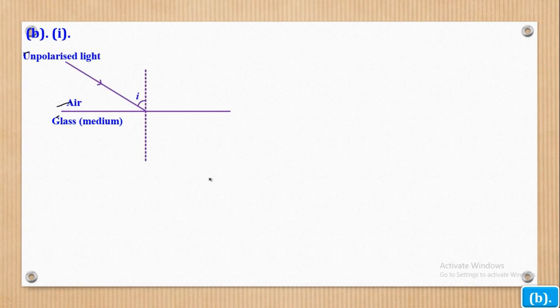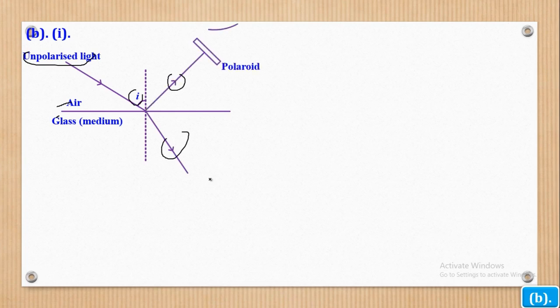Then this is unpolarized light incident on this boundary at an angle i, to be reflected in that direction and also reflected in that direction, and here to be a Polaroid to help us view that light, and this will be the observer.